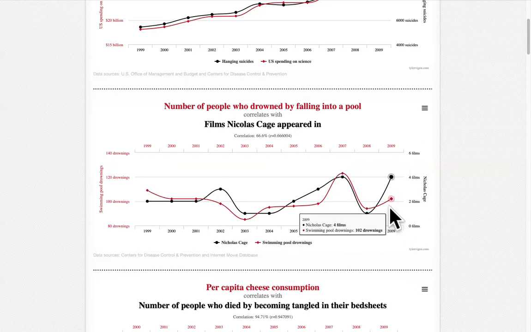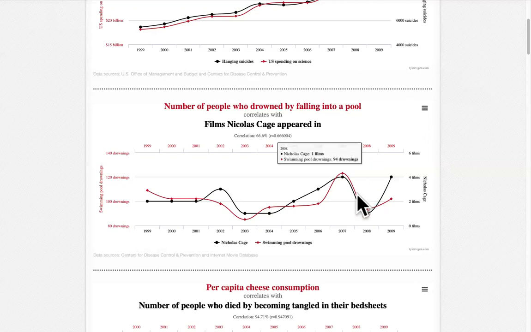These two variables have quite a high correlation. But again, Nicolas Cage doesn't drown people, right? So it has nothing to do with Nicolas Cage and the number of movies he participates in. It doesn't make sense.